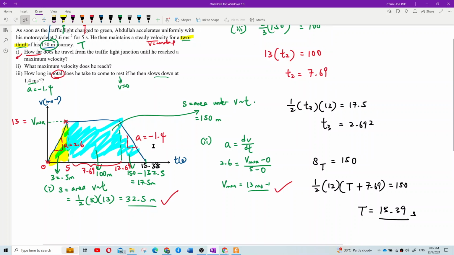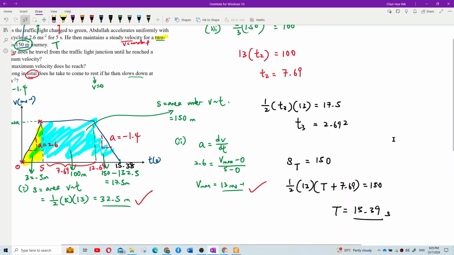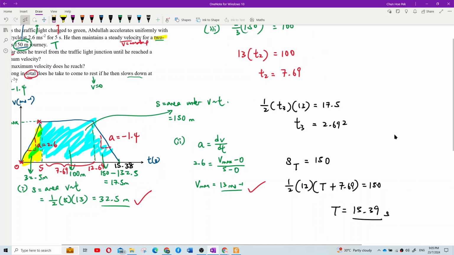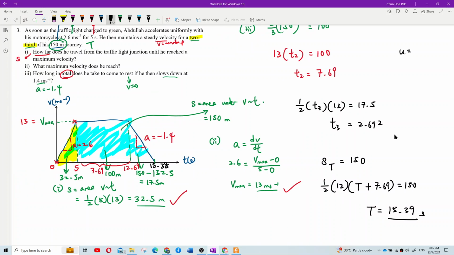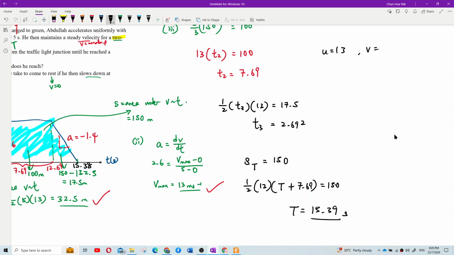So I'm curious about this 1.4. What does it mean? Again, initial velocity is 13. Final velocity is 0 because it's stopped. Deceleration is negative 1.4. So I think you can find the time. Just now I got right. V equal to U plus AT.